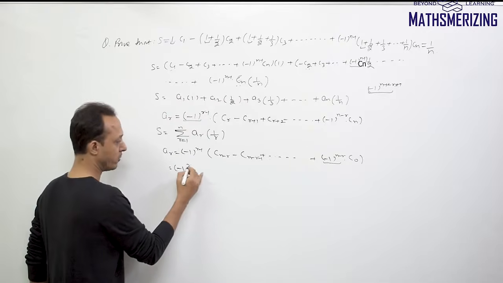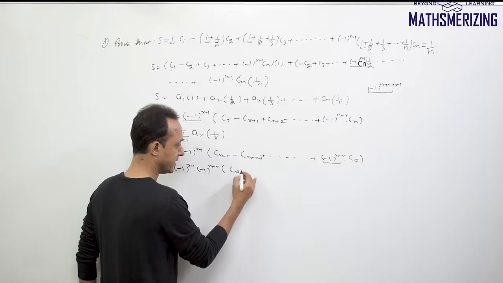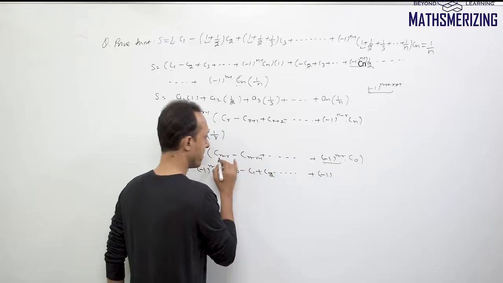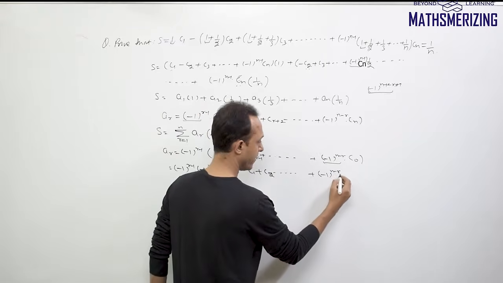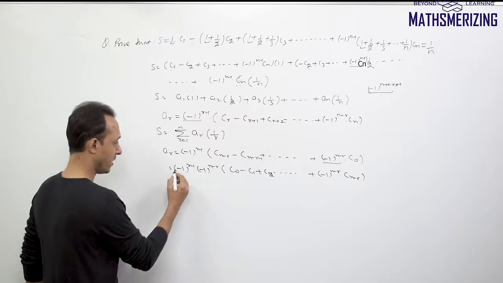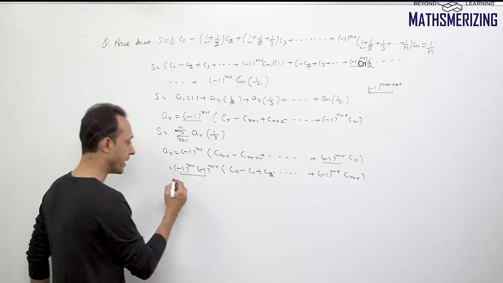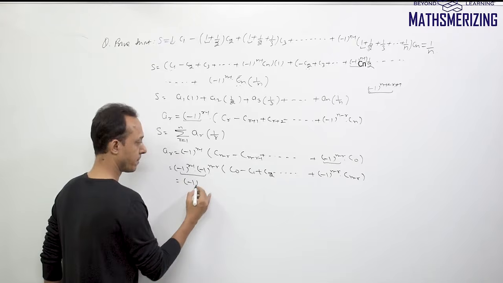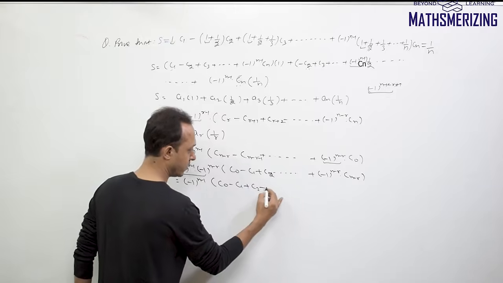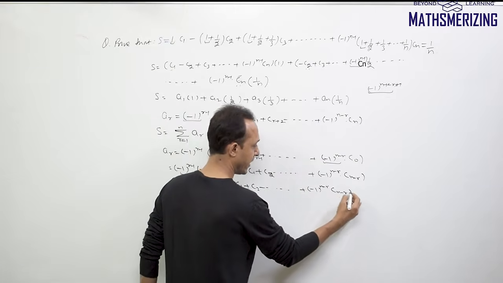So I'll write minus 1 to the power r minus 1 into minus 1 to the power n minus r, times C0 minus C1 plus C2, and finally minus 1 to the power n minus r into C(n minus r). Now minus 1 to the power r minus 1 and minus 1 to the power n minus r I can simply write as minus 1 to the power n minus 1, times C0 minus C1 plus C2, and it goes up to minus 1 to the power n minus r and C(n minus r).